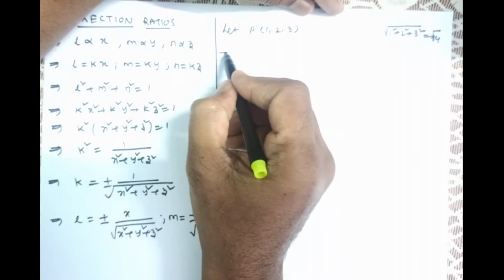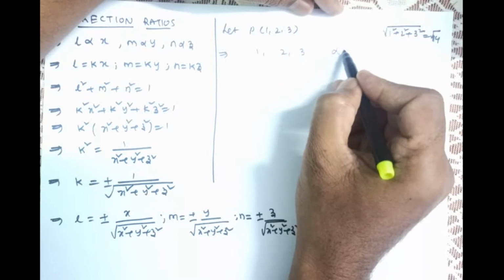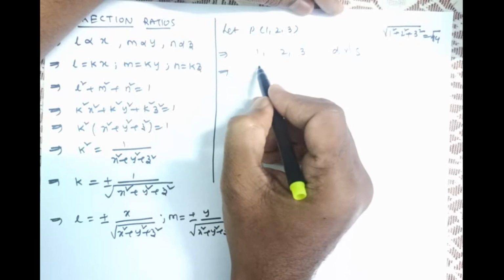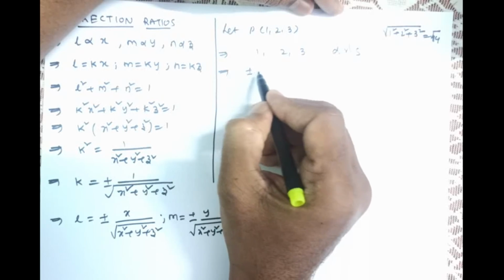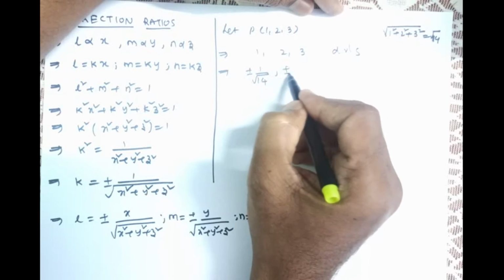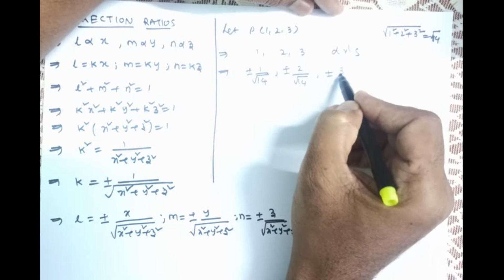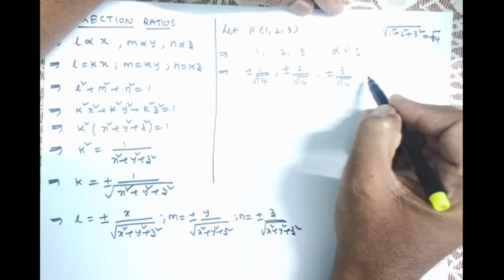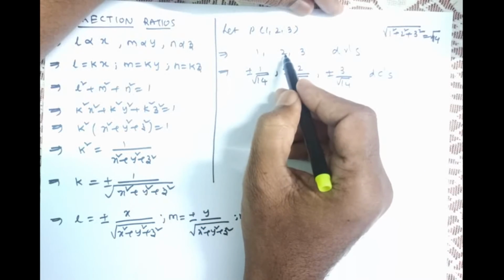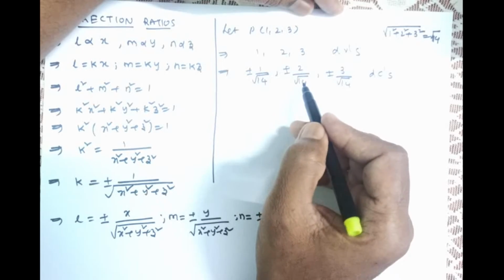So to convert these DRs into DCs, we divide: plus or minus 1 by root 14, plus or minus 2 by root 14, and plus or minus 3 by root 14. So these are converted into the DCs. When DRs are given like this, we have to divide with its magnitude.